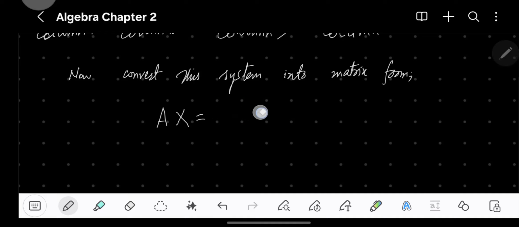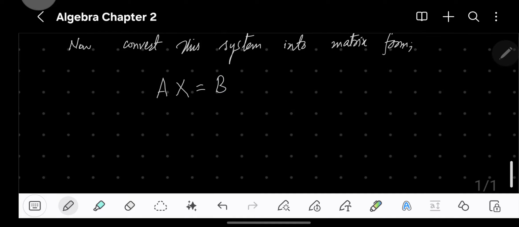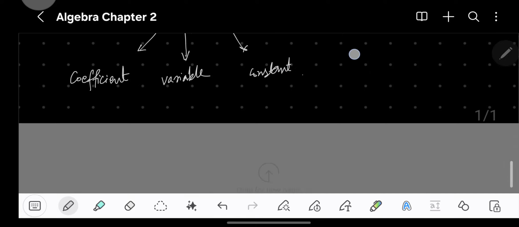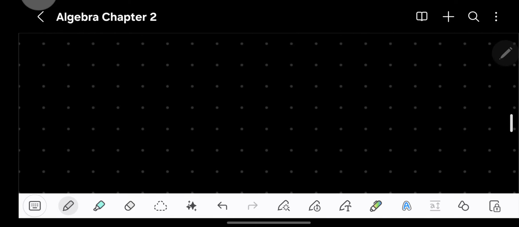The constant matrix is usually represented by B. So I will write here A for the coefficient matrix, X for the variable matrix, and B is the constant matrix. Okay, so let me write A first.